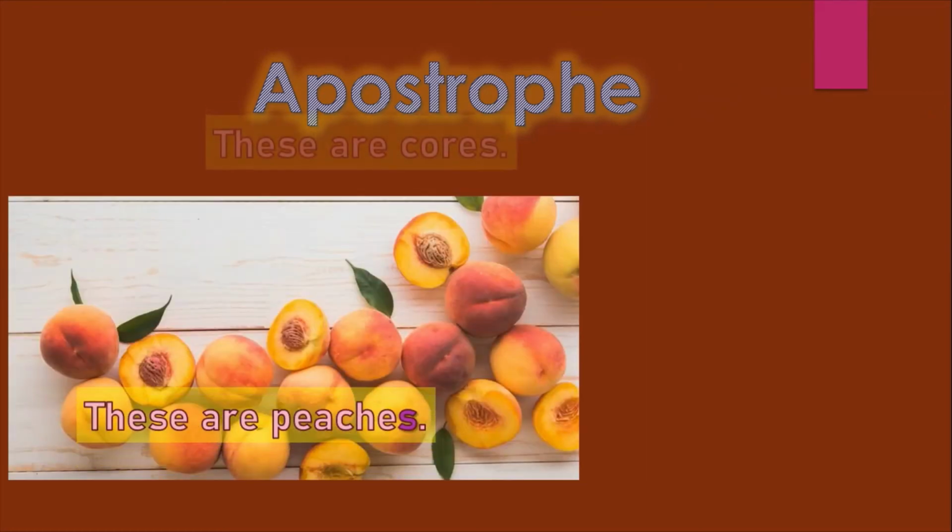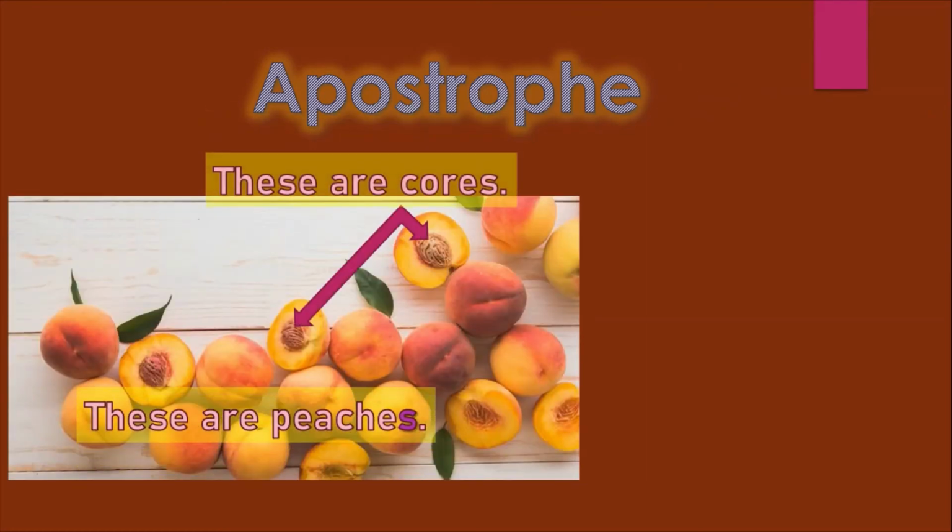Here we go. So remember, no apostrophe S. No, only the apostrophe. So look at my peaches, right? And the cores of the peaches, right? So peaches, plural, ends in an S, right? So we do not need another S. So peaches' cores.